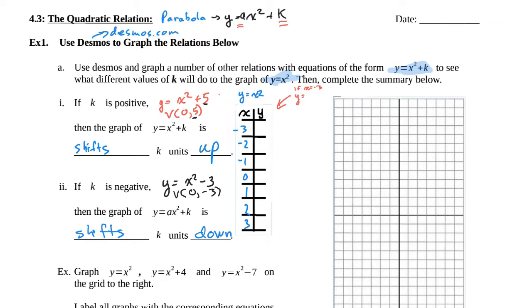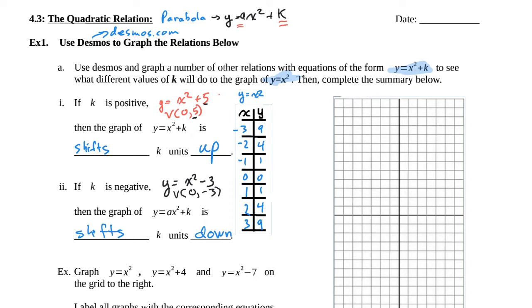I would start with y equals x squared, and then substitute negative 3 squared, and go y equals negative 3 times negative 3 is 9. Then we put our answer in as 9 here, and we do the same for the rest of these. So you got 9, 4, 1, 0, 1, 4, and 9. All of those values are key values to the base graph for y equals x squared.